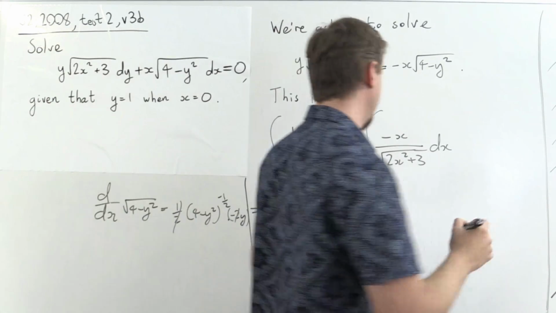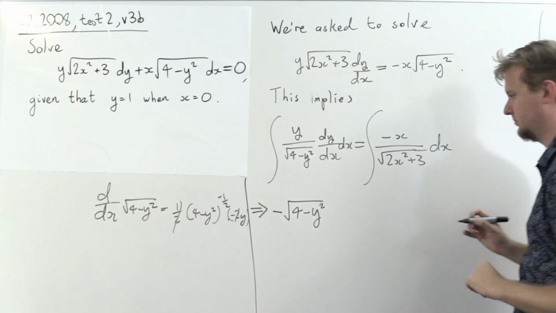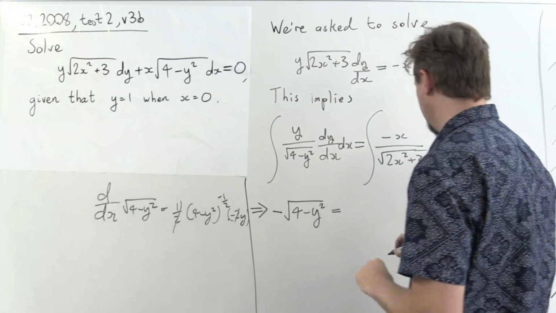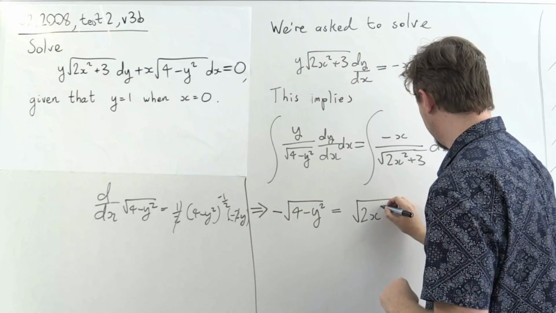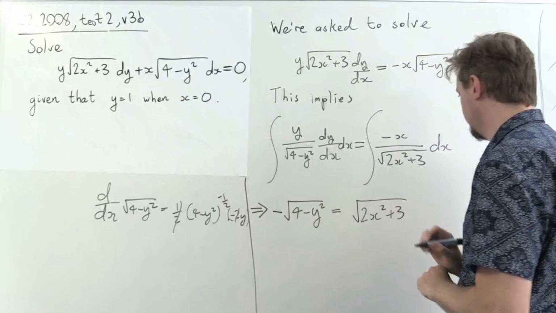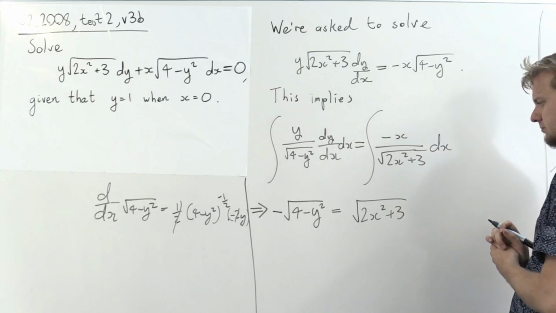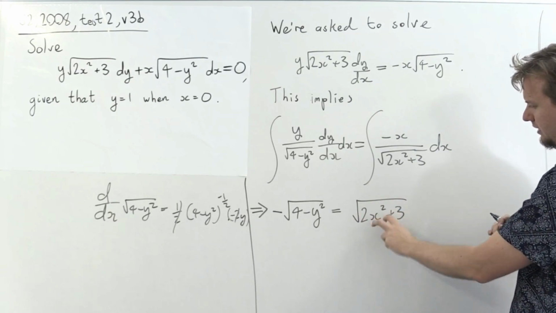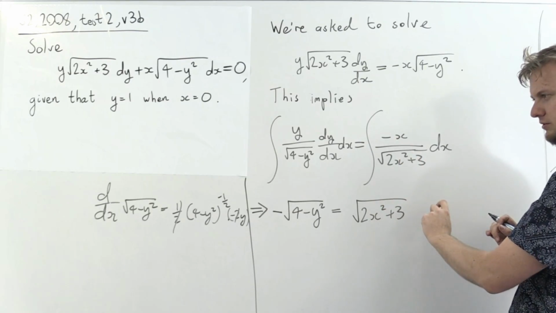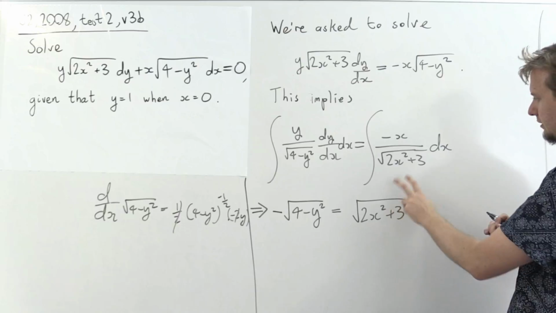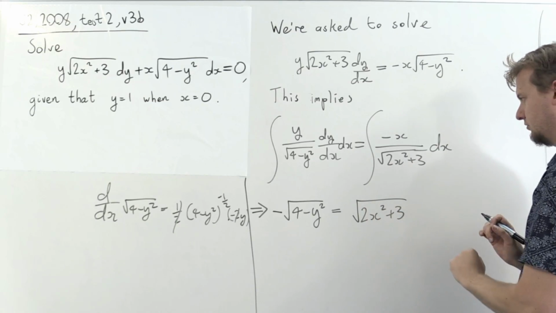I also need to do this integral, and you can guess it's fairly similar. It has to be something like the square root of 2x squared plus 3. Now again, I'm going to get a factor of a half and a 4x, which will give me a 2x.